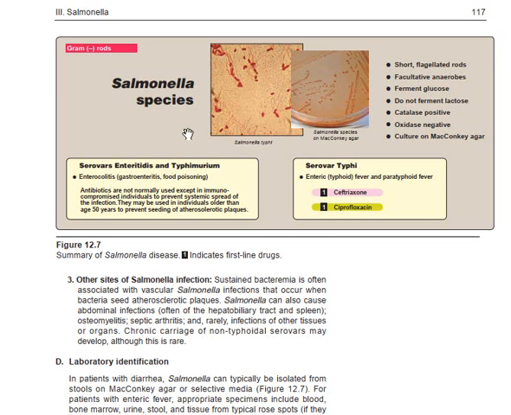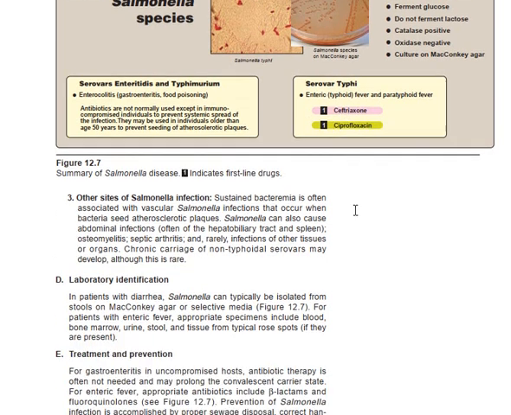Enteritidis and Typhimurium are the ones that cause enterocolitis, that's gastroenteritis, or even food poisoning. Antibiotics are not normally used except in immunocompromised patients and when the infection spreads through the body. But if you have serovar Typhi, which causes typhoid fever or paratyphoid fever, that's when you now use antibiotics like ceftriaxone or ciprofloxacin.